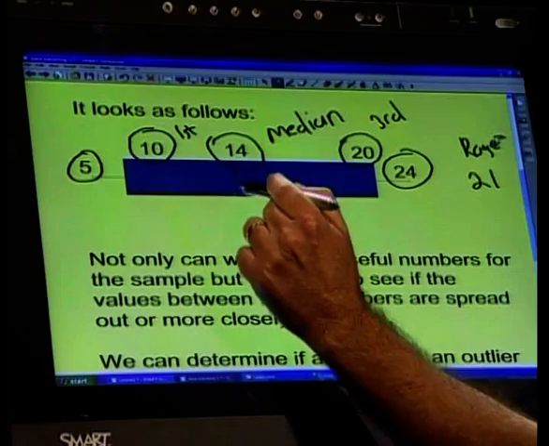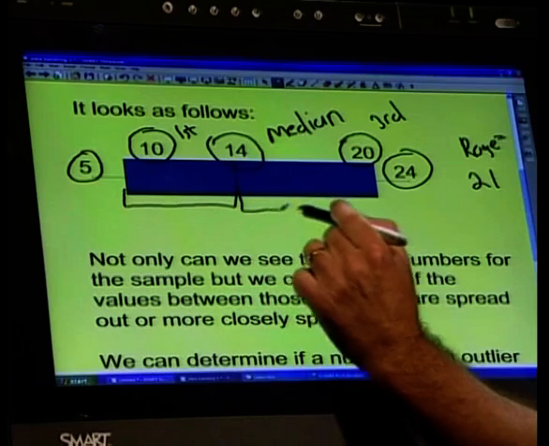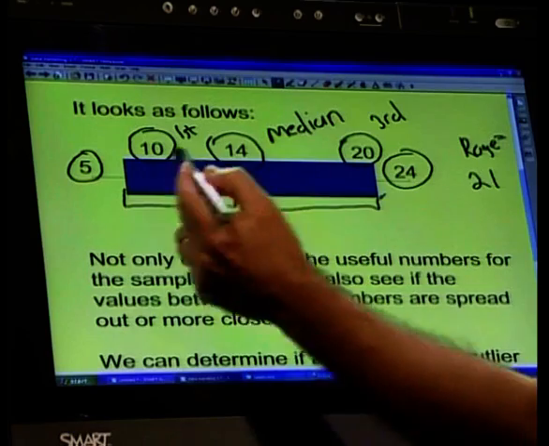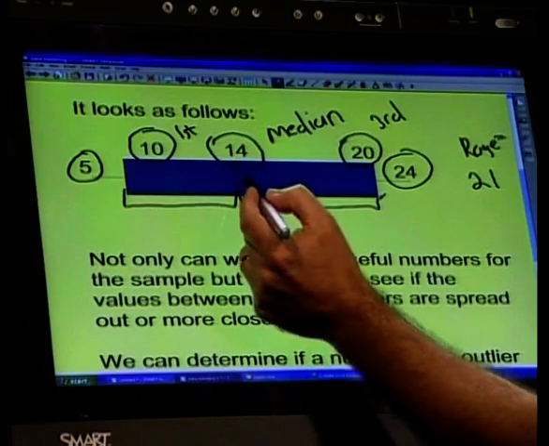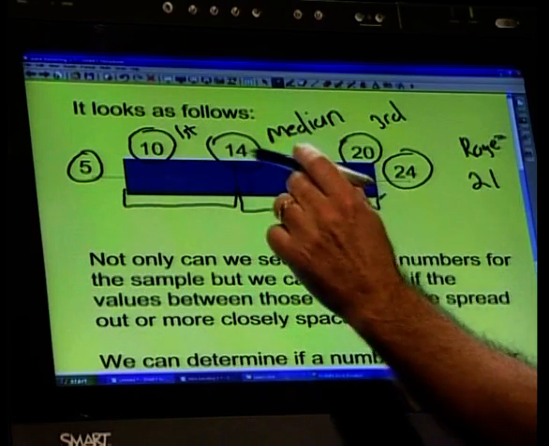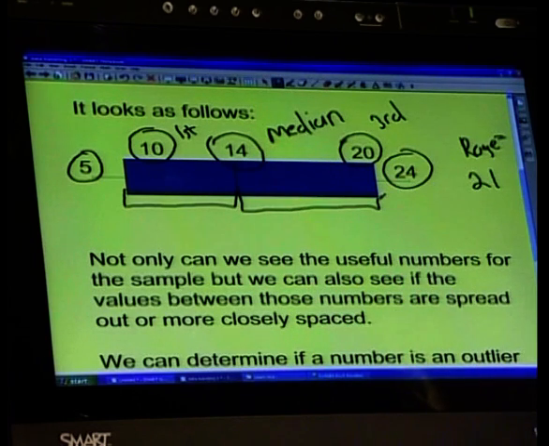Notice, for example, here, that this section is narrower than from the median to the third quartile. The range of data from the first quartile to the median is only 4, whereas from here, from the median to the third quartile, it is 6.